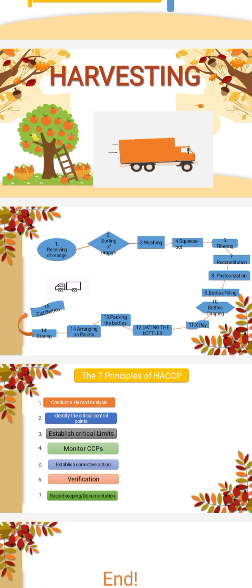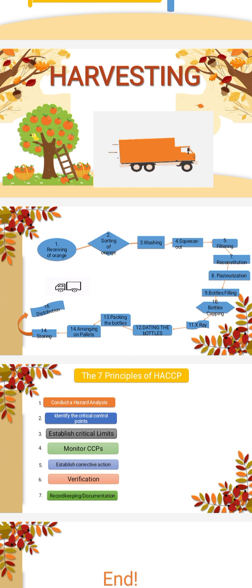Number 5, establish corrective action. There are 3 sequences of corrective action. First step, stop the line or process and segregate affected product. Number 2, adjust the process to bring the CCP back under control and correct the cause of the deviation. Number 3, document and record the action taken.